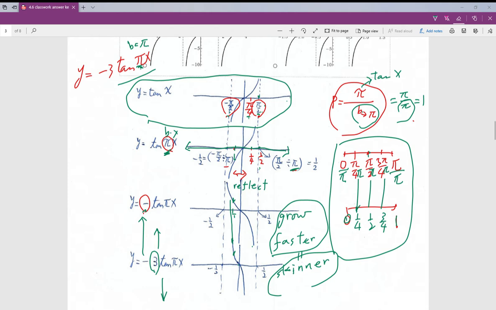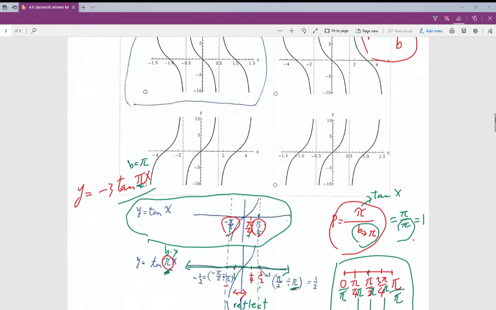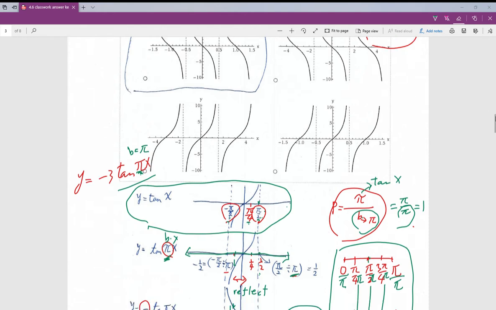Okay, so this is the final graph, and we can check which one looks like the right graph. So you can go back to choose. How do you choose the right graph?